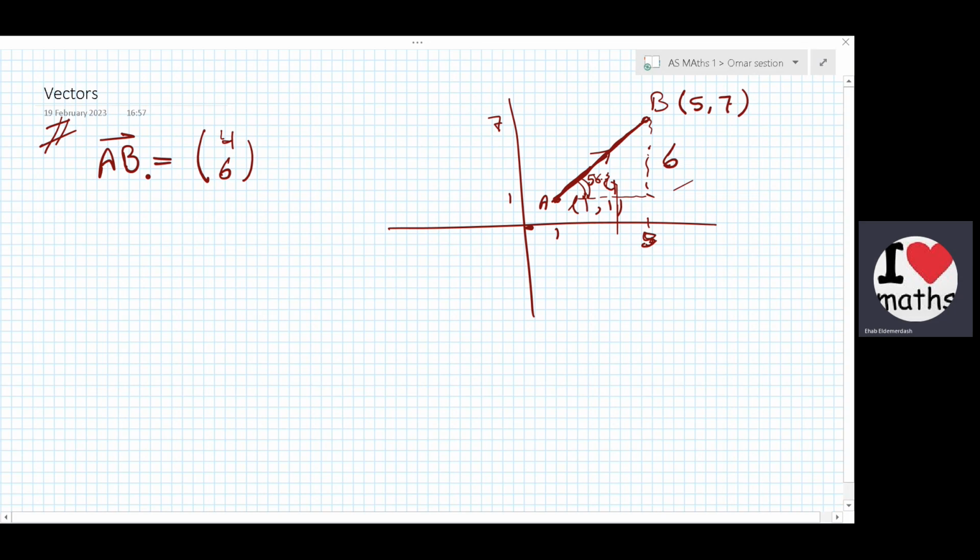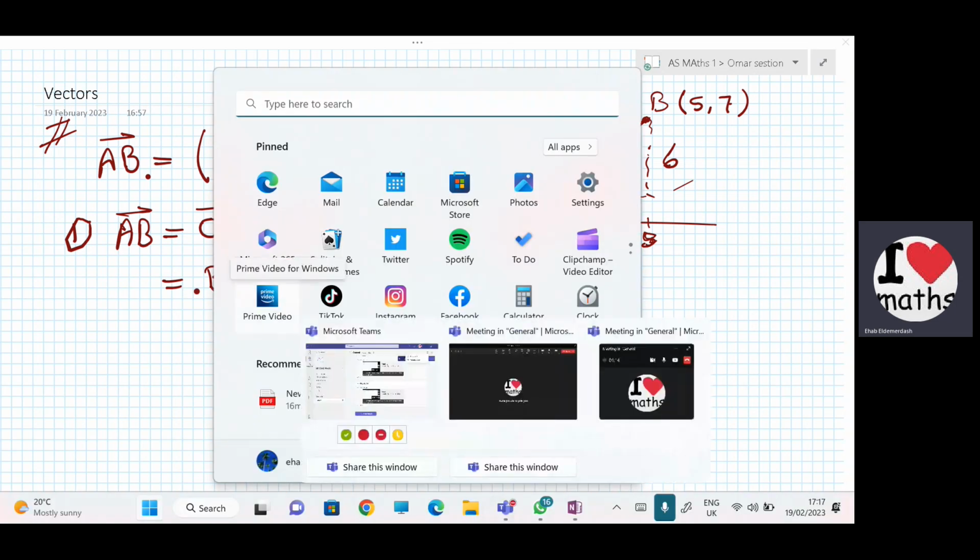First thing you need to identify is that any vector, Mohamed, for example the vector AB, comes from what we call position vectors: the vector AB is OB minus OA, which to make it easier I will write as B minus A. Here OB means the vector joining the origin to the point B, and OA means the vector joining O to A.